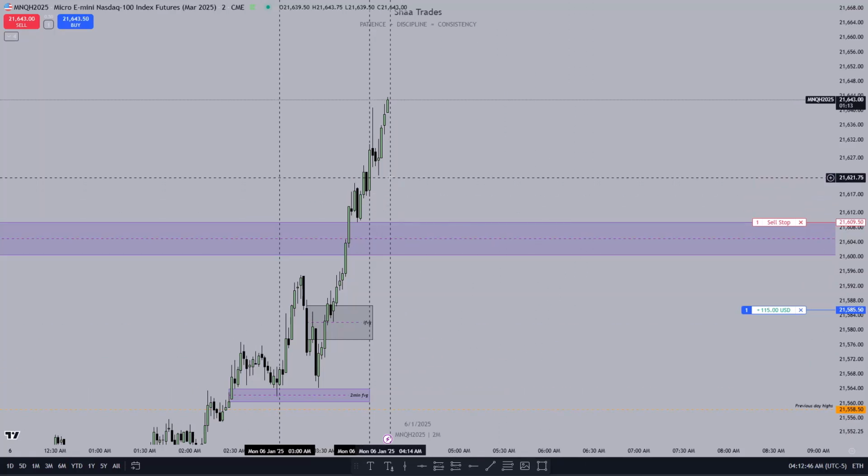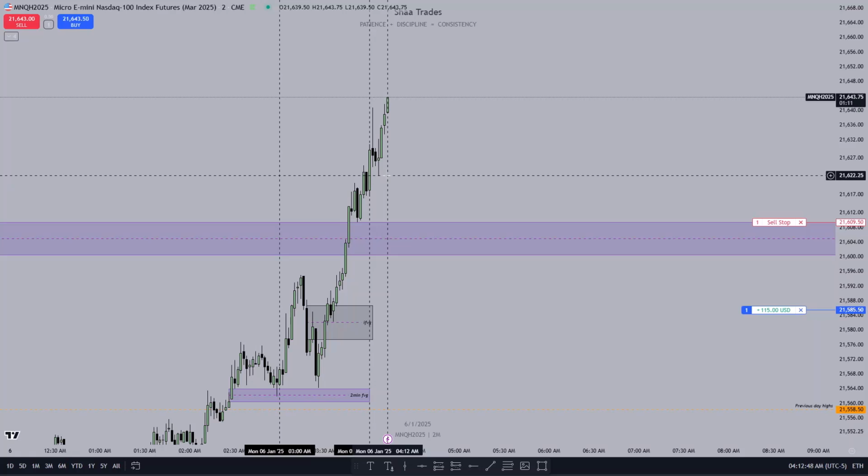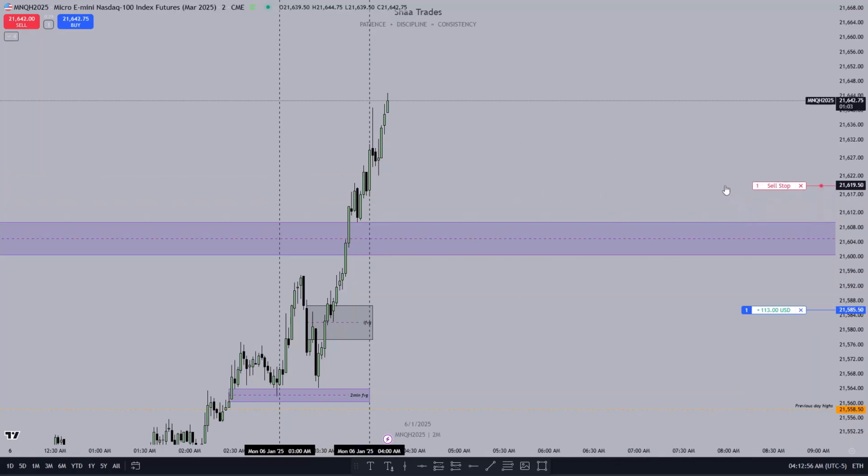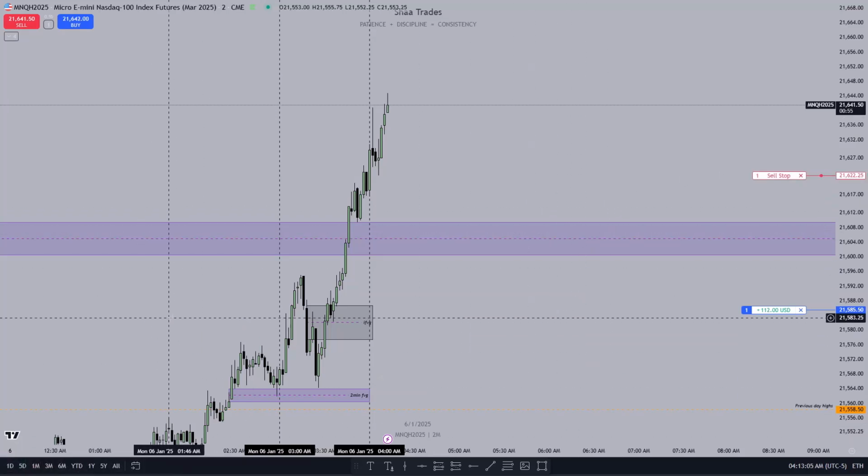I'm gonna move my stop loss below here. That is 22.25. Lock in some more profits there with the runner. So yeah.